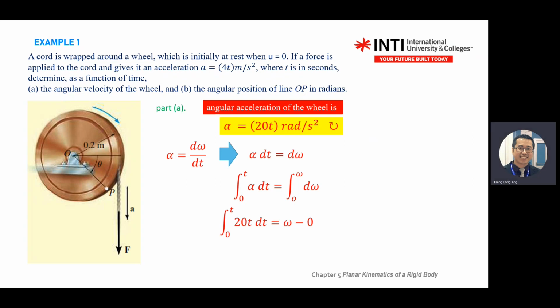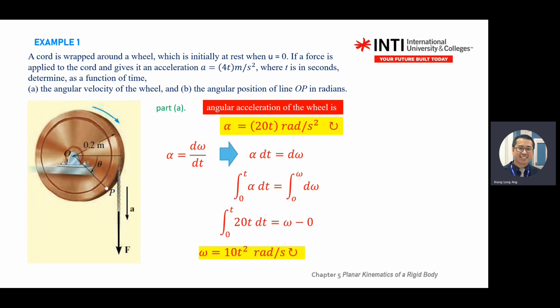Alpha, you just found from the previous section, so you substitute back 20t dt. Because here you don't have a t term, you need to refer back to where your t term is. Alpha equals 20t. You integrate this one, you get 10t squared, t squared divided by 2, so this becomes 10t squared equal to omega. This is how you find your alpha and omega.